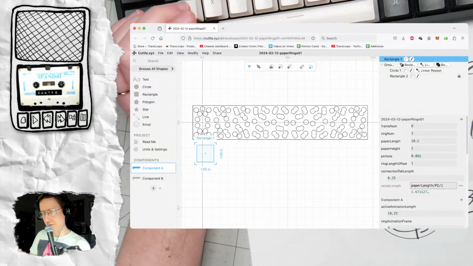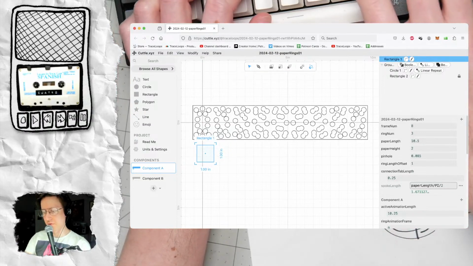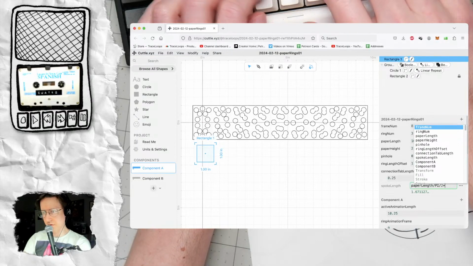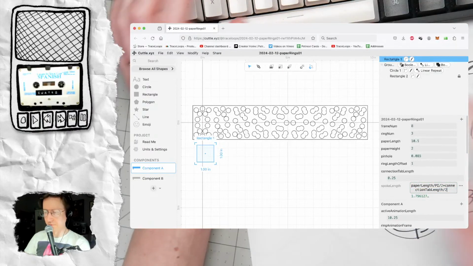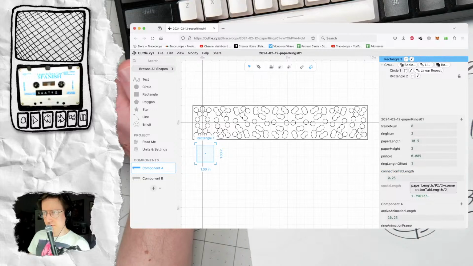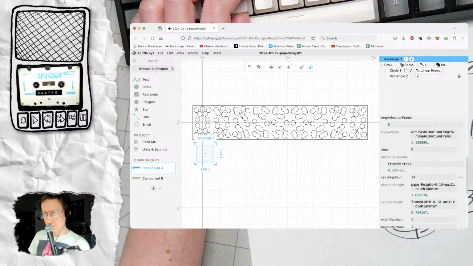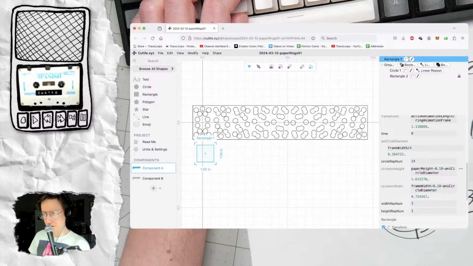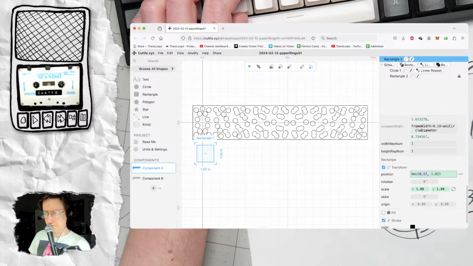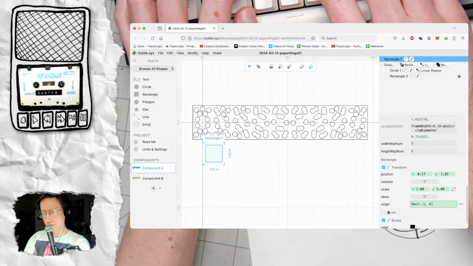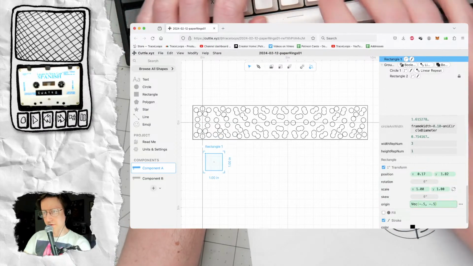So this is folding out. This would land it right on the edge. Plus connection tab length divided by 2. And so this is going to be, let's make this -0.5, -0.5.